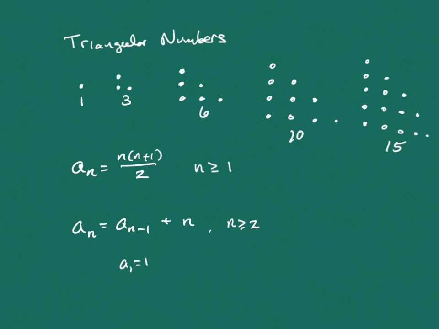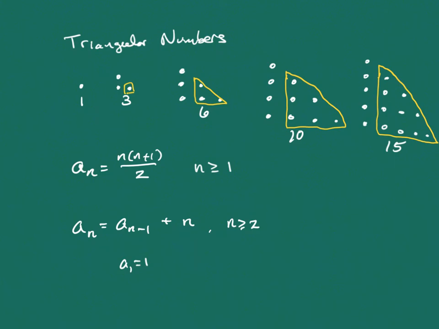In each of those cases, I have my first element plus 2, my previous triangular number plus 3, my previous triangular number plus 4, and my previous triangular number plus 5.